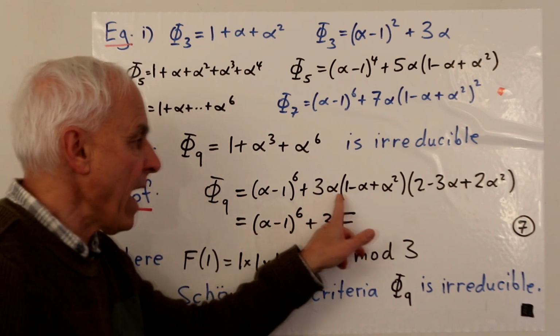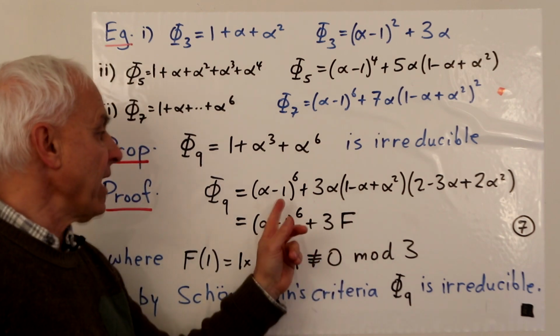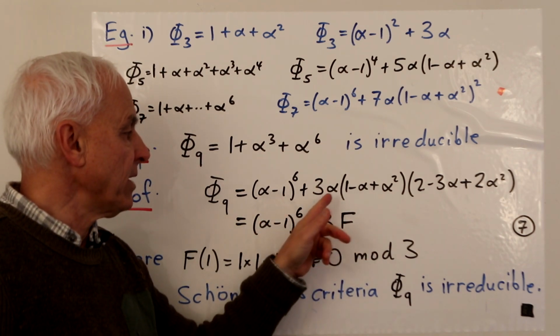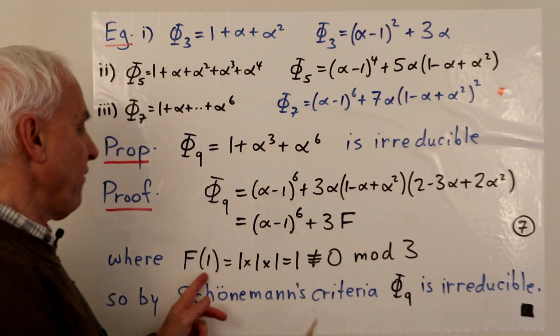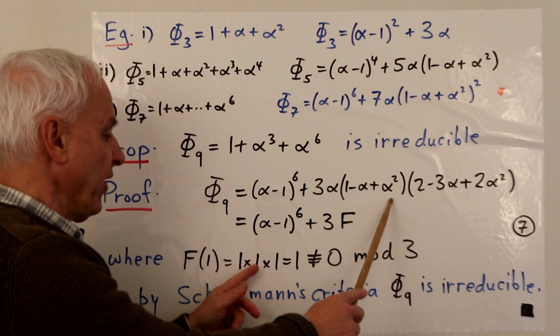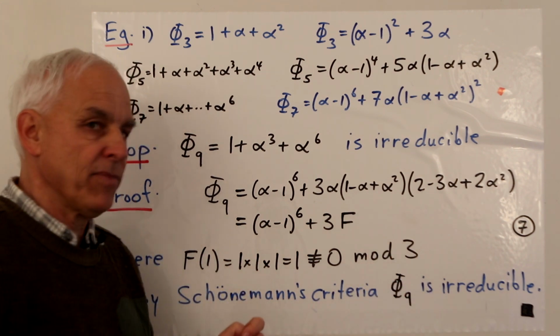So what are we supposed to do? We're supposed to check what happens to this thing when we evaluate it at the constant, which in this case is 1. So if we evaluate it at 1, well, f of 1 is 1. This term is 1 minus 1 plus 1. That's 1. This one is 2 minus 3 plus 2. That's also 1.